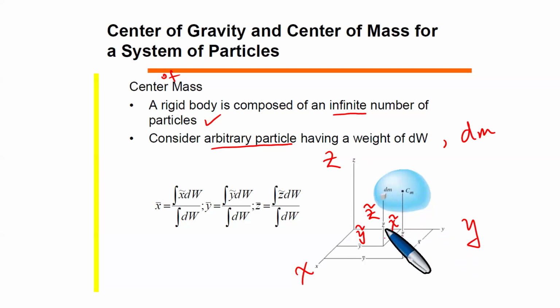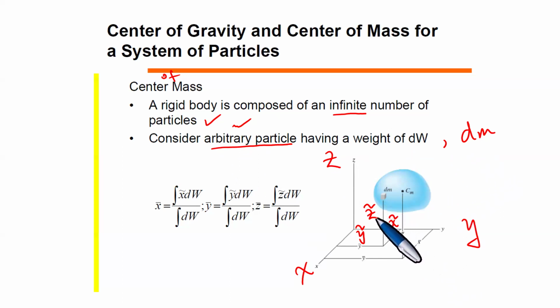This vertical displacement is called z tilde. This is just for an arbitrary, random particle. You can choose it here, there, or anywhere, but it has a weight dW, and therefore its mass is dm.